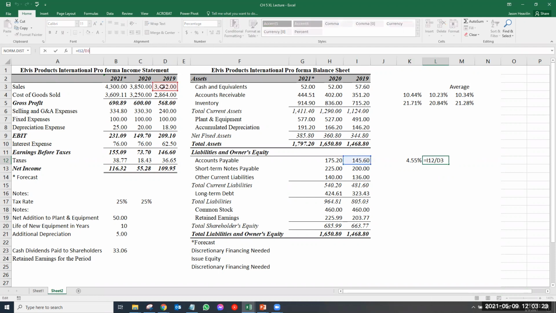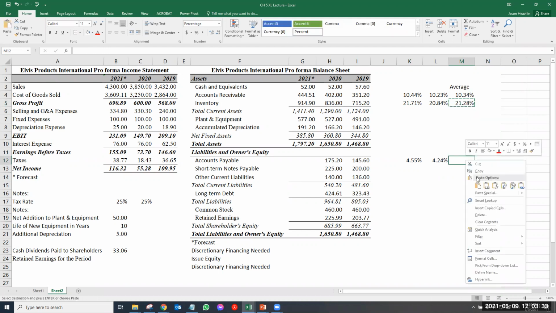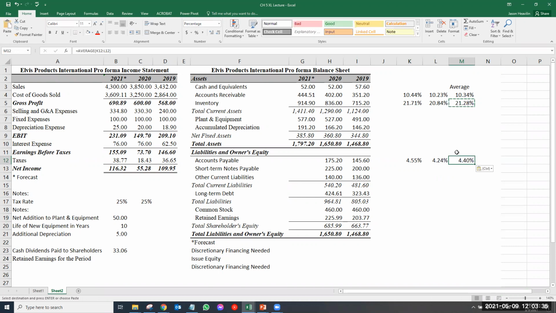Accounts payable divided by sales of 2019. And I can just copy, paste, and it gives me the average of those two. And I go through the same process, take the sales of the projected income statement, multiplied by the average percentage, and that is our accounts payable projection.